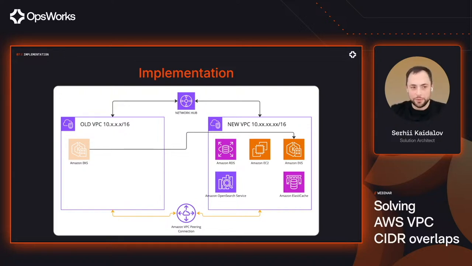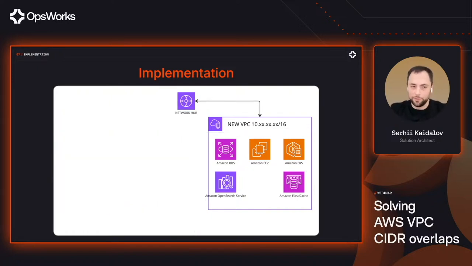And then we switched the DNS and waited for the DNS propagation to complete. After a day or so, we completely removed the old cluster and all the resources, removed the VPC peering, removed the old VPC, and that's how we completely migrated.